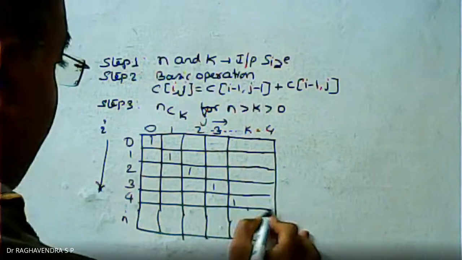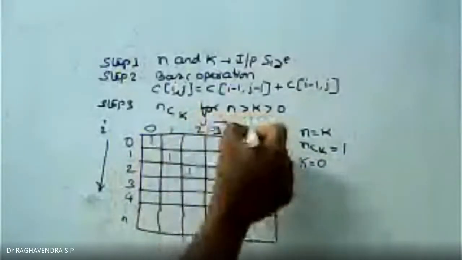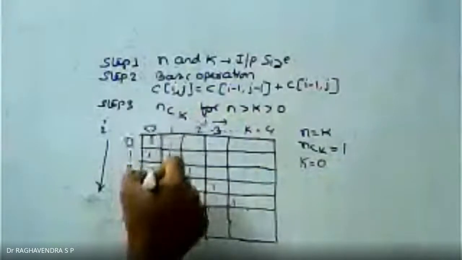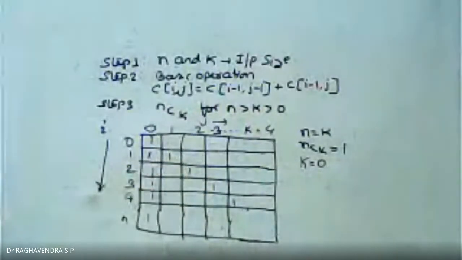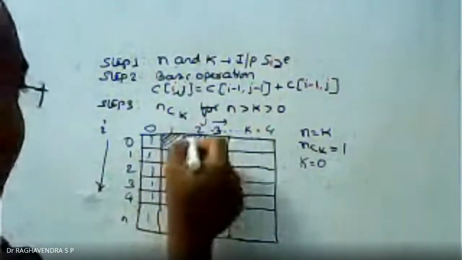See, if n equals k, nCk equals 1. That is why 0,0, 1,1, 2,2, 3,3 and 4,4 equal 1. And whenever k equals 0, all the values become 1. We cannot compute these regions; I gave the reasons yesterday.